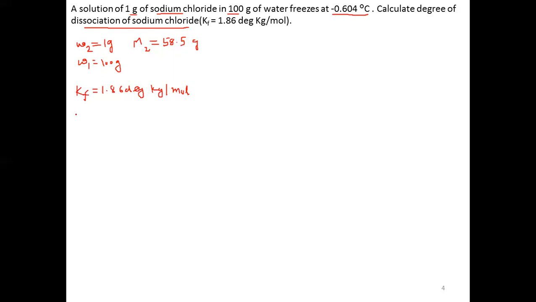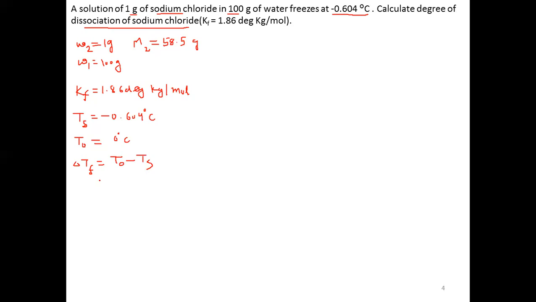We are given the freezing point of solution. I will denote it by Ts. Ts is freezing point of solution. It is minus 0.604 degrees Celsius, whereas we know that the freezing point of simple water, which we denote T naught, is 0 degree Celsius. So we need delta Tf, depression in freezing point, that is freezing point of water minus freezing point of solution.